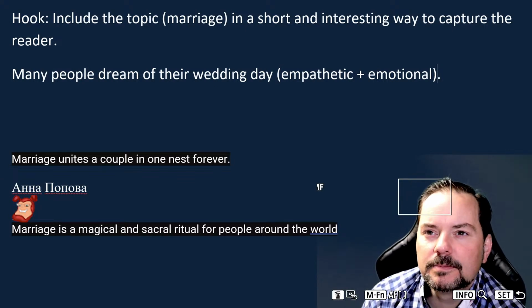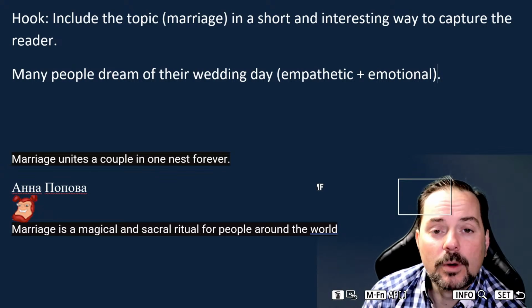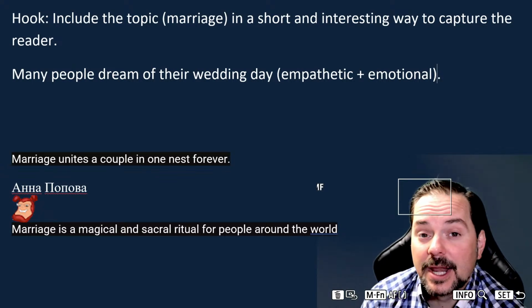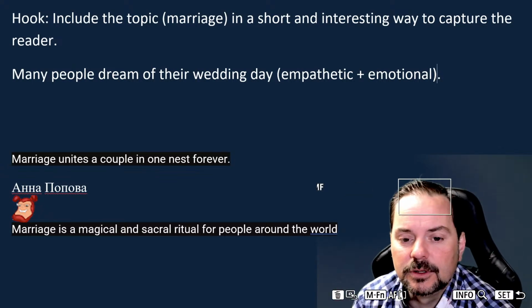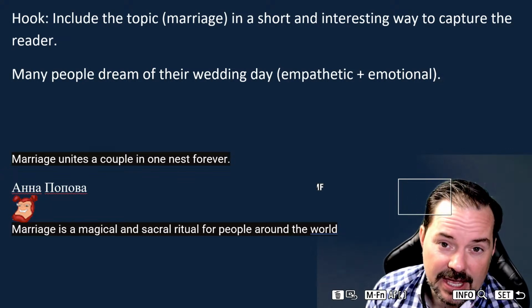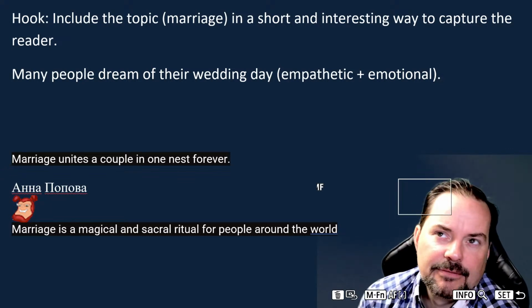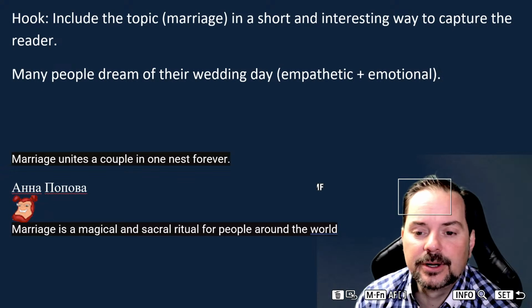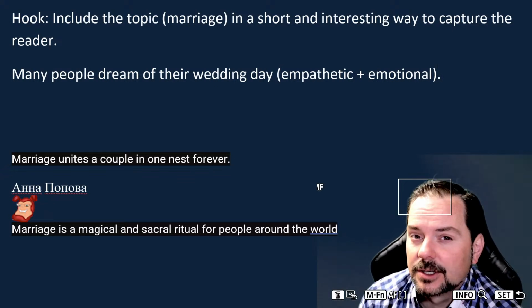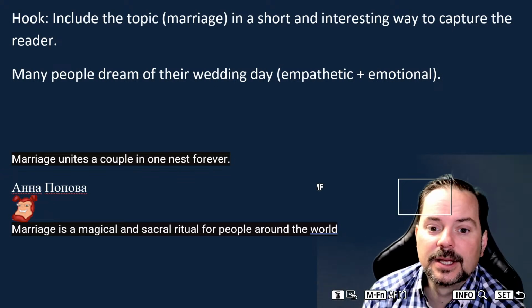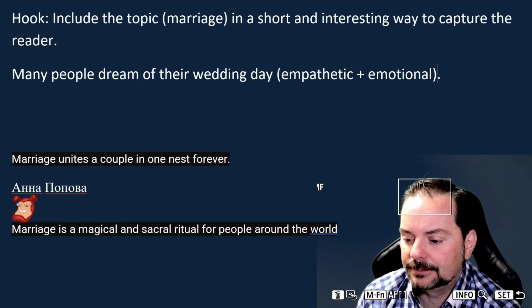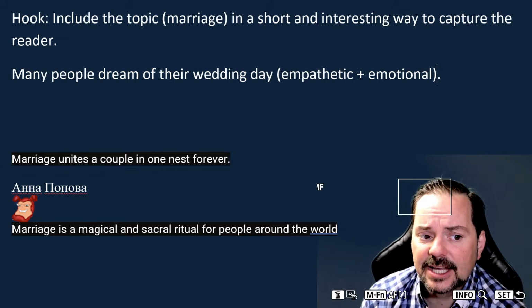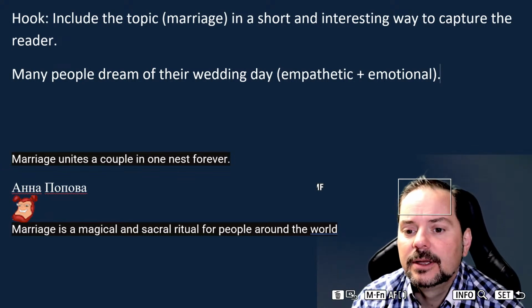Most people feel quite emotional when they think of their wedding or their potential wedding in the future. And it's empathetic, right? It's like, oh yes, I have thought of it. Even if you're not married yet, but you're an adult, you might have considered what your wedding one day will look like, right? And so it catches the attention, okay?